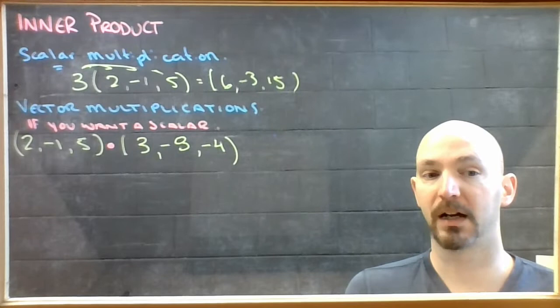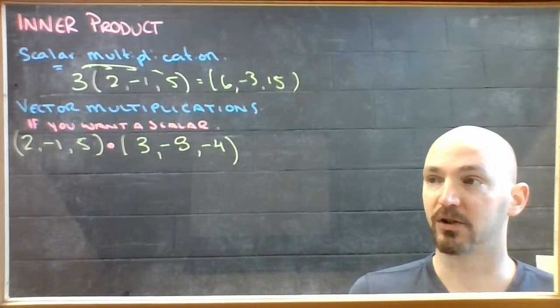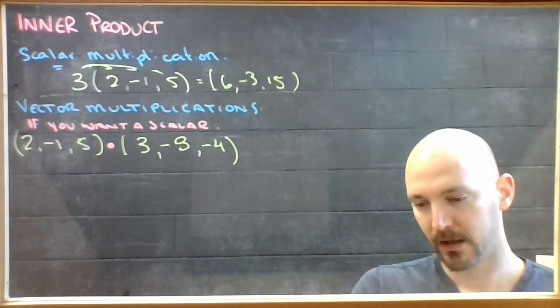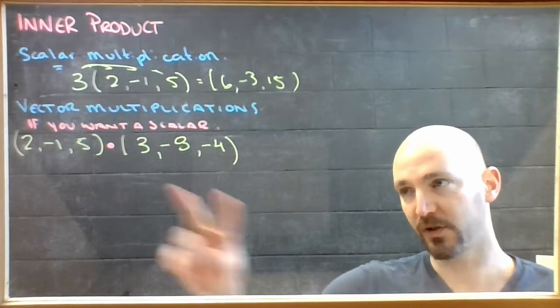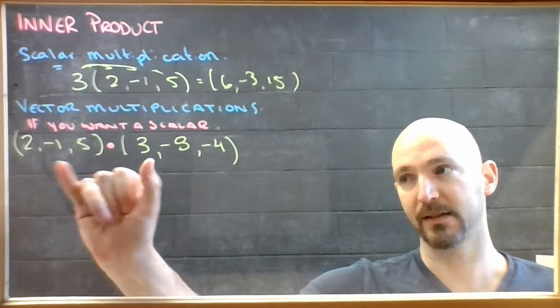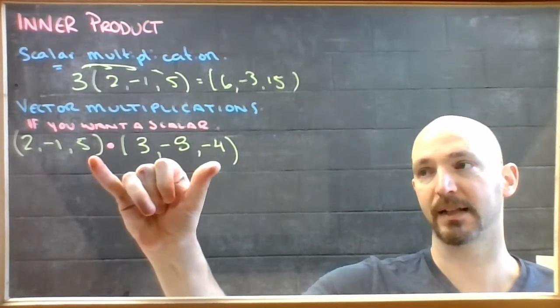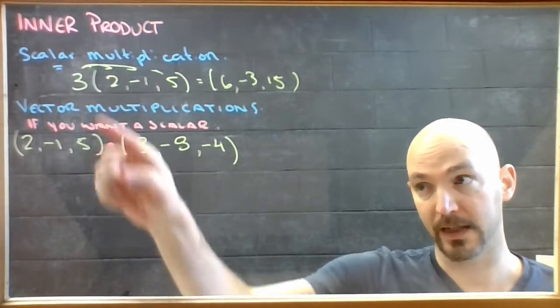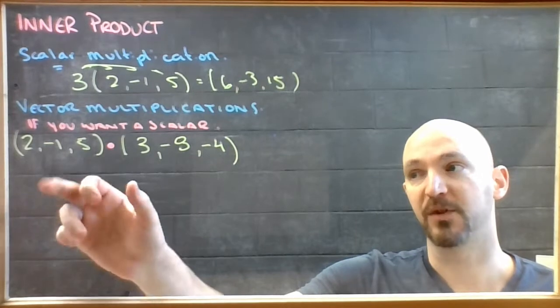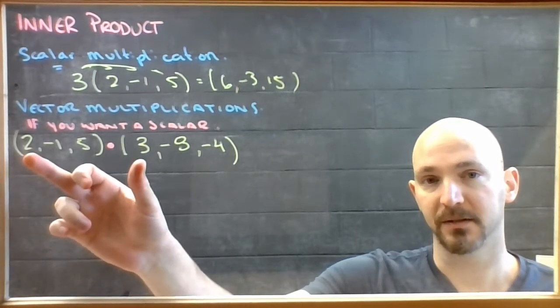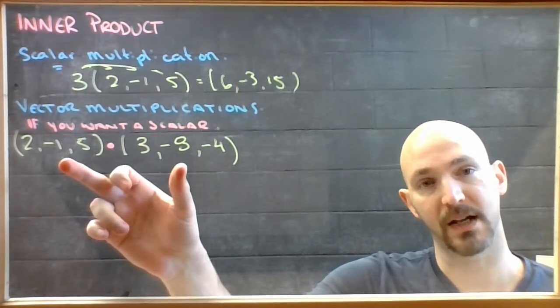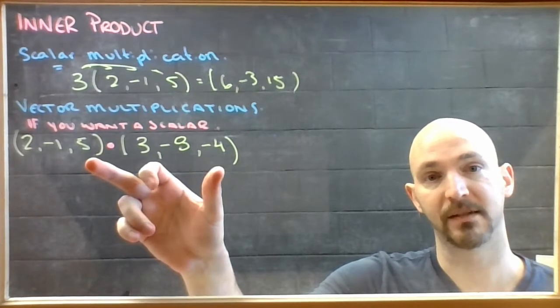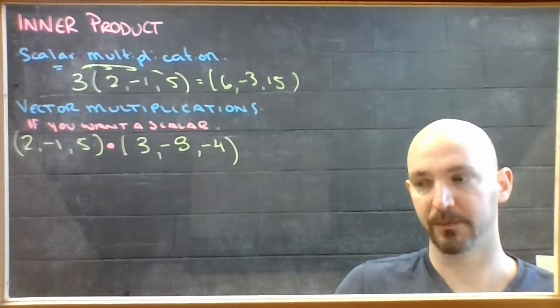Keeping in mind that I want this to not be a vector when I'm done, I'm going to look at each component: X and X, Y and Y, Z and Z. In order to do a dot product, or inner product, I multiply the X's together, multiply the Y's, multiply the Z's, and then add them all up.